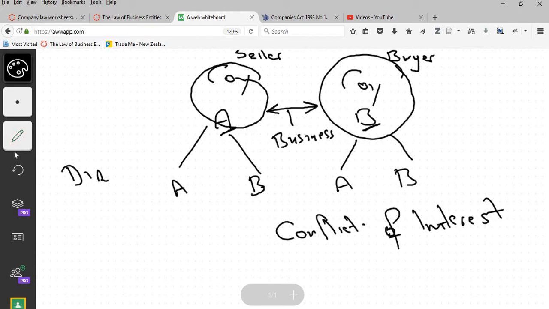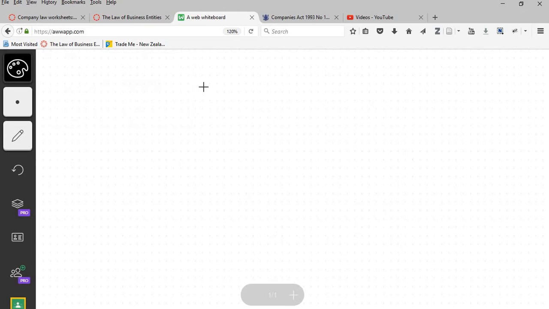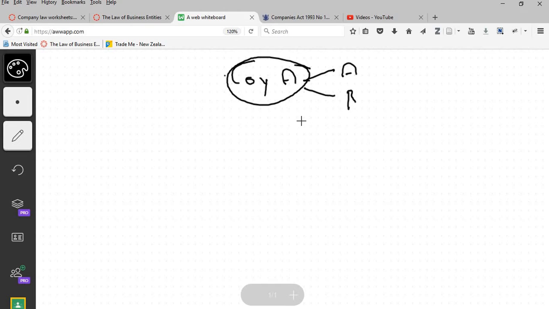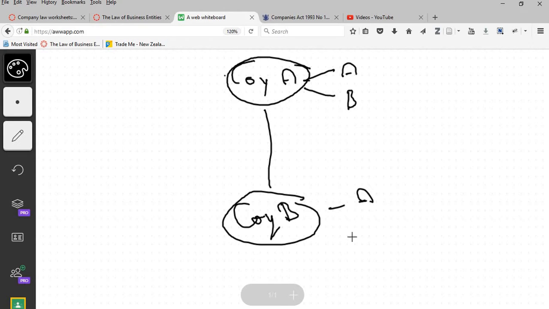But let's take a slightly different scenario where we have company A, and it has the two directors A and B, and we have company B, and it has the same directors again. Now, what makes this different is it's a subsidiary. So it's 100% owned.